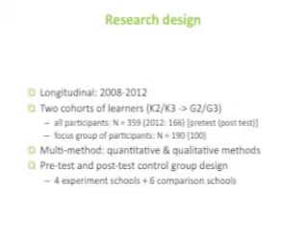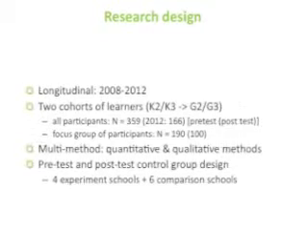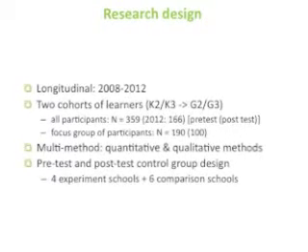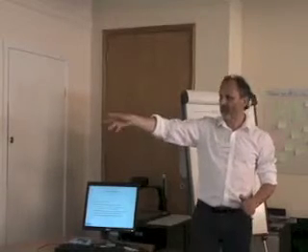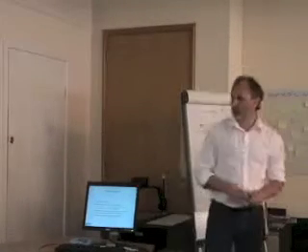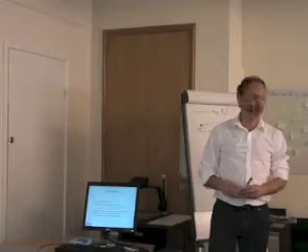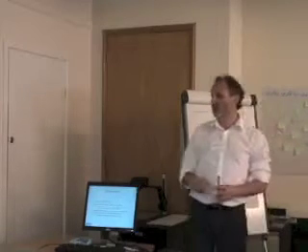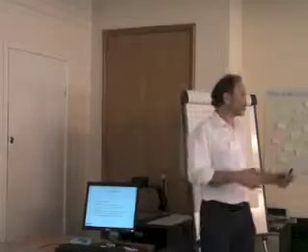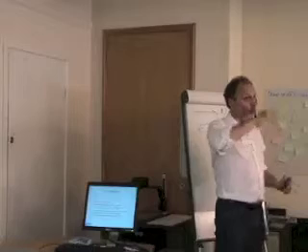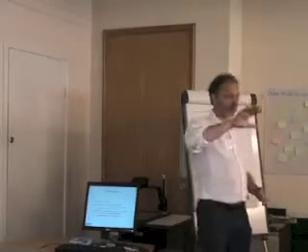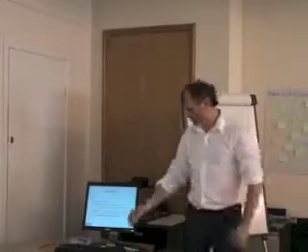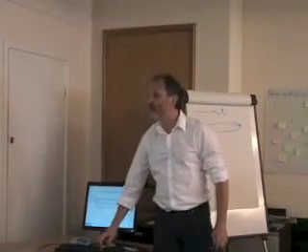About 350, 360 participants, with 4 experiment schools and 6 comparison schools, so we had about 190 focus group students. It was a multi-method design, quantitative and qualitative. It was a traditional pre-post test and control group design, but through interviews, questionnaires and observations we also intensively looked at the processes that went on in the schools.